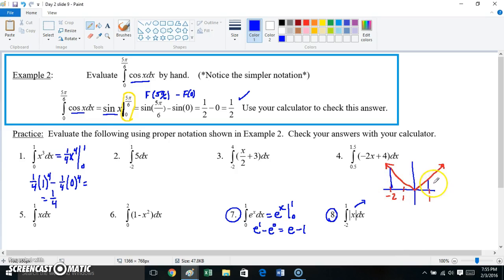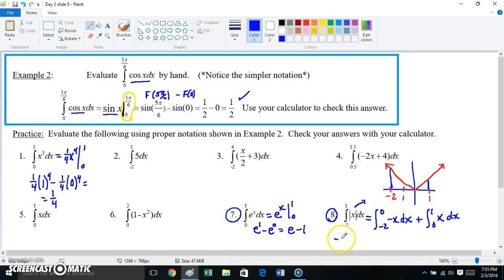Thinking about it geometrically, we know what areas we're going to be adding up. We should also think about rewriting this as the integral from -2 to 0 of negative x dx plus the integral from 0 to 1 of x dx.